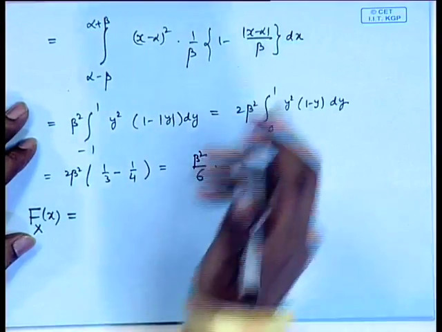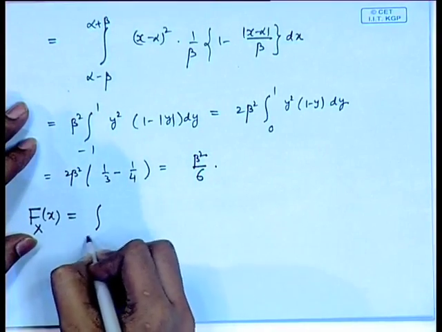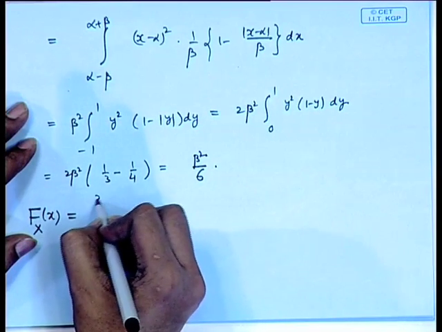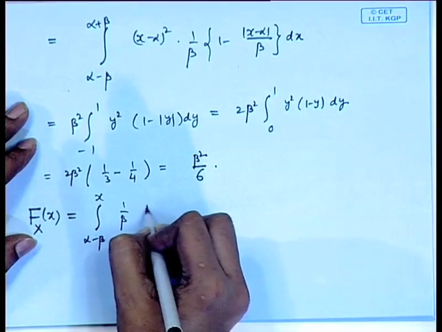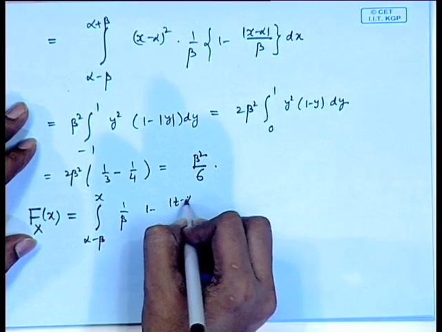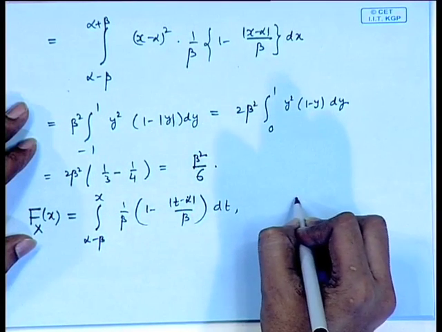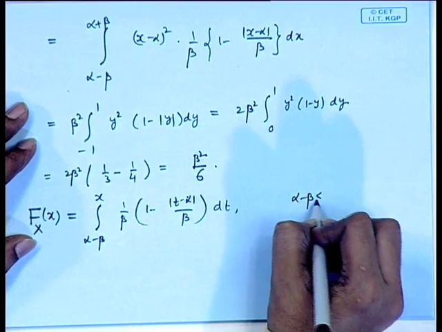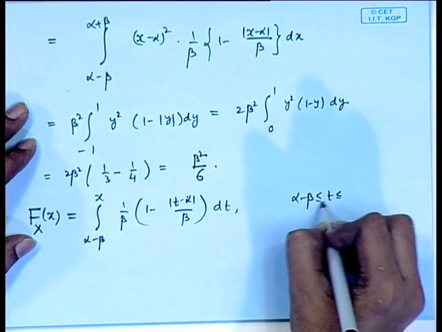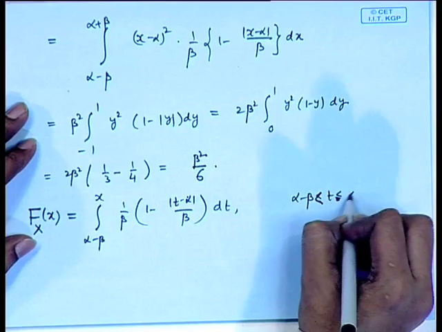So, we need to concentrate on the integral from alpha minus beta to x of 1 by beta times (1 minus modulus of (t minus alpha) by beta) dt, for t lying between alpha minus beta to alpha plus beta.